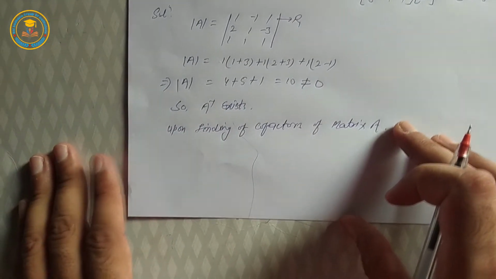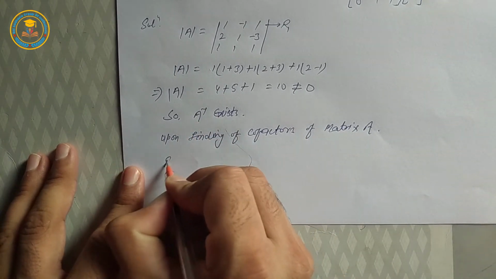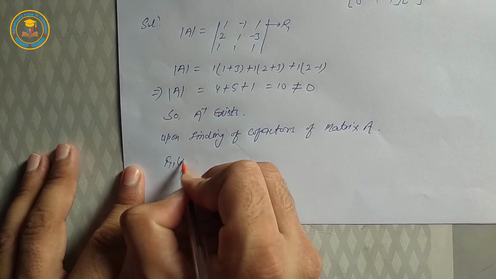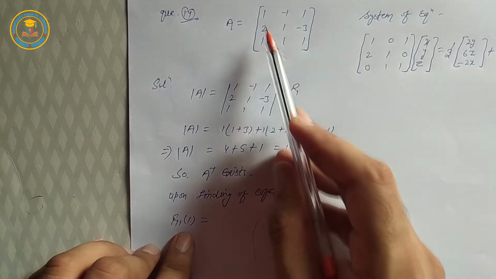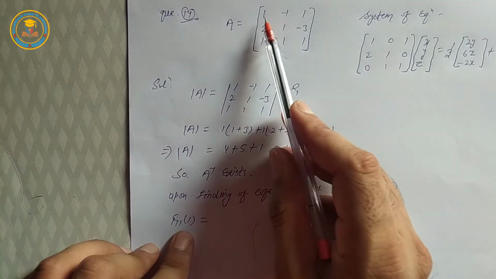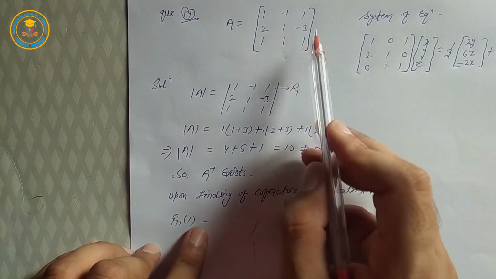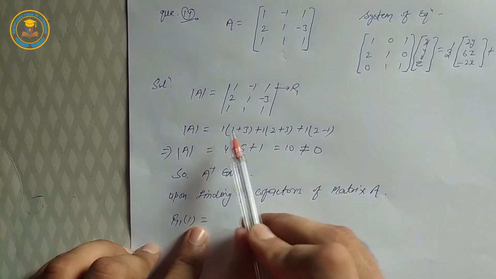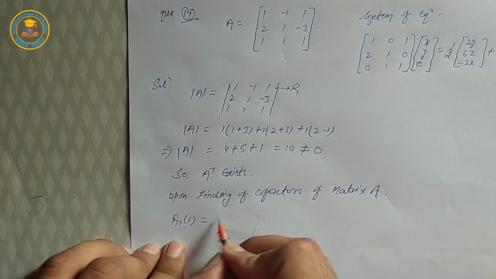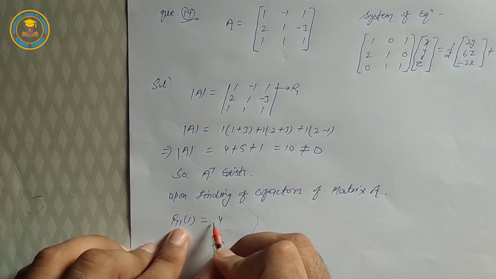F11 is the cofactor of element 1, leaving the corresponding row and column: 1 into 1 minus 3 into 1, minus 3 means plus 3, so 1 plus 3 is equal to 4. 1 plus 1 is 2, an even number, so positive sign.